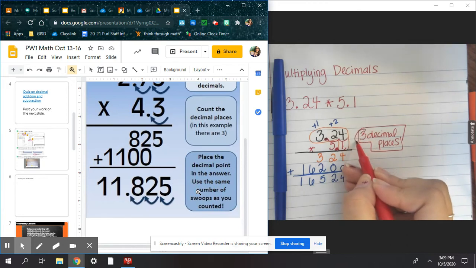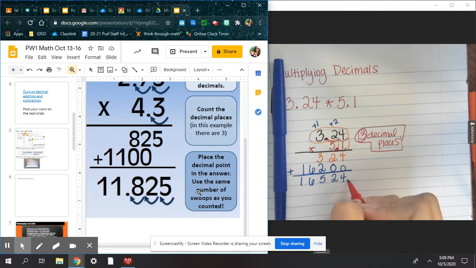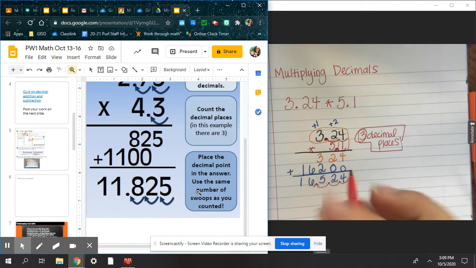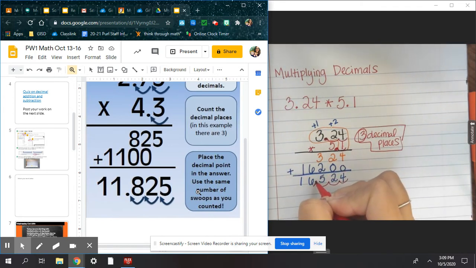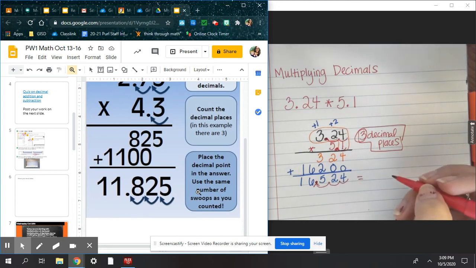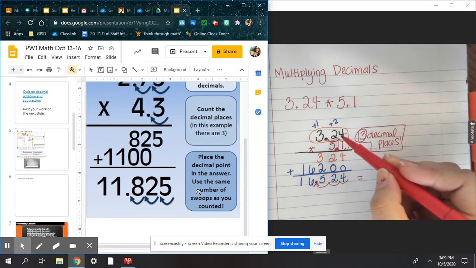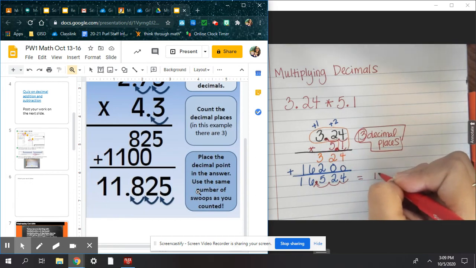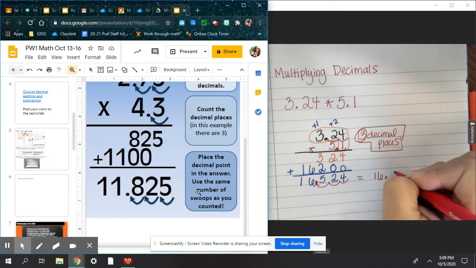I'm going to move it 3 decimal places. So I'm going to go 1, 2, 3. Oh, my pen got in the way. So there's my decimal. Okay.